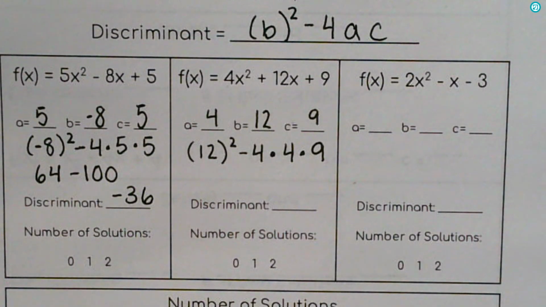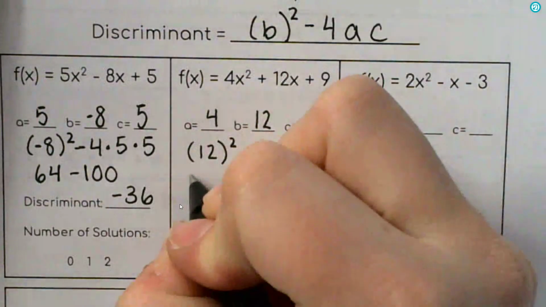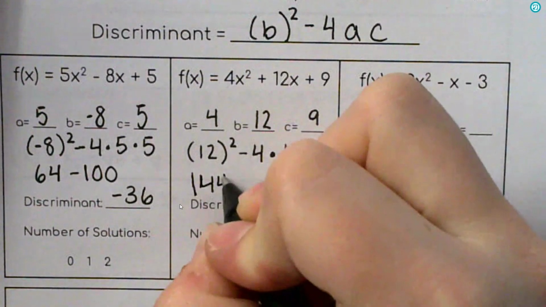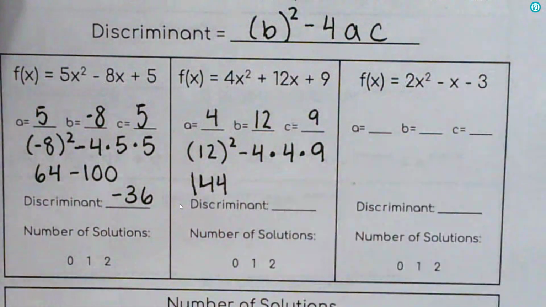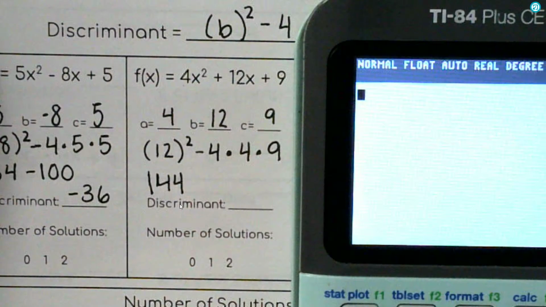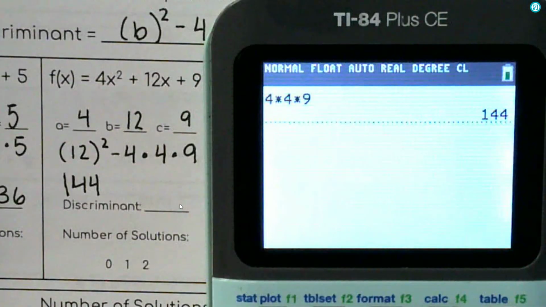Going from there, my b squared right here is going to be 12 squared. I'm going to do it both ways, always. 12 squared is 144, that's just 12 times 12. And then 4 times 4 times 9 is too early on a Monday for me to do in my head. 4 times 4 times 9 is also 144.